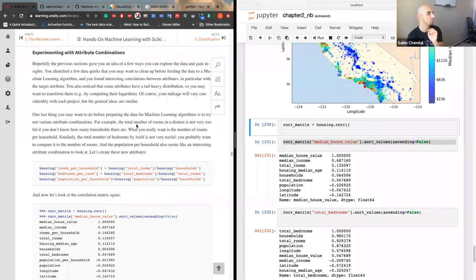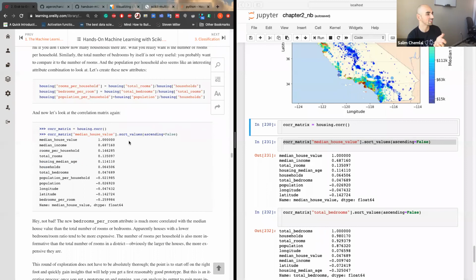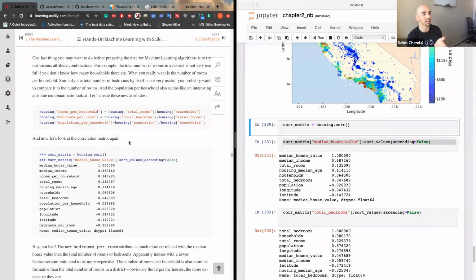And experimenting with attribute combinations, we can do attribute combinations, kind of like how we saw earlier. You see how he got the identifier when we were looking to do the hash function? He said, okay, let's find a unique identifier, and then he used the longitude and latitude because those are unique to the specific location. Same thing. Here he used 2 different attributes to derive a third one, which is very often done.